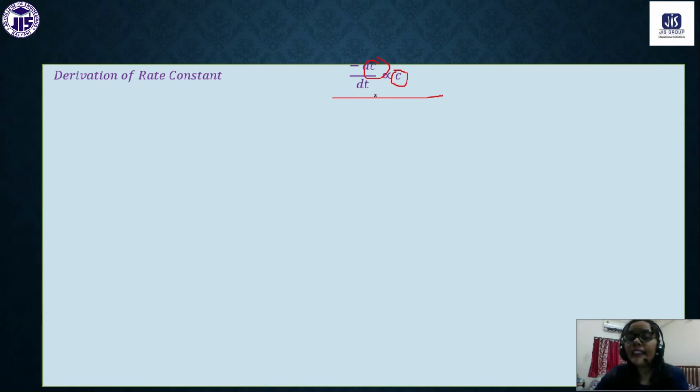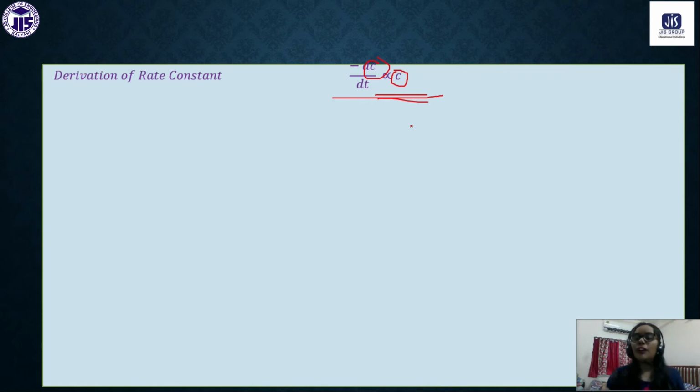Now, why is it proportional to the concentration of oxygen? Look, if we have a higher amount of oxygen in our water sample, what will happen? At that time all types of biodegradable waste will decompose very rapidly. The rate of the reaction will increase, understand?